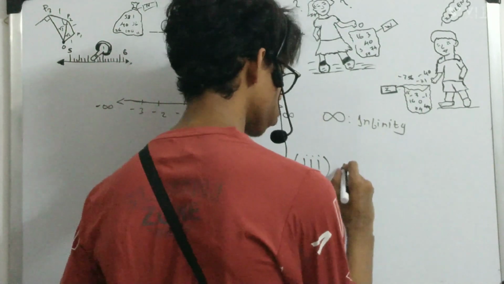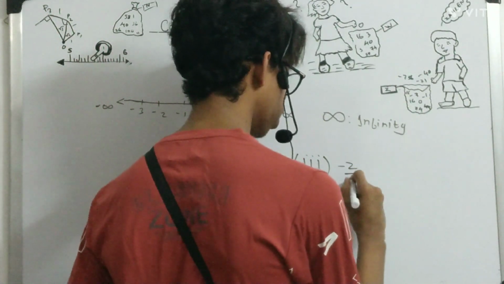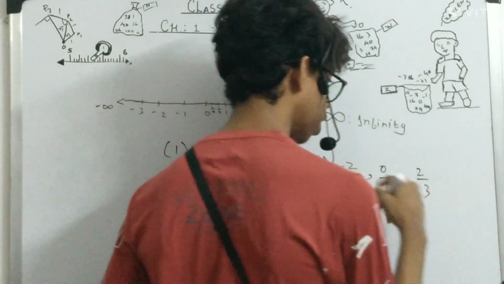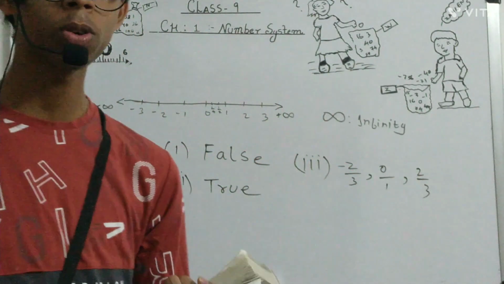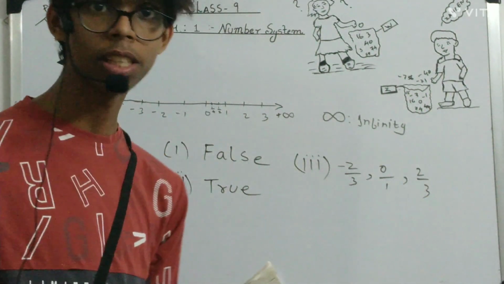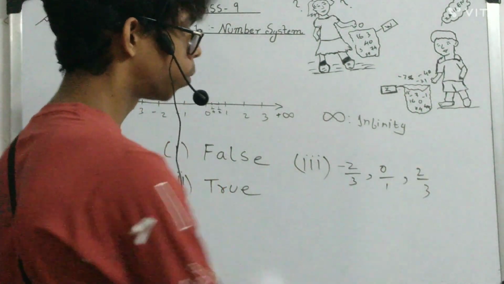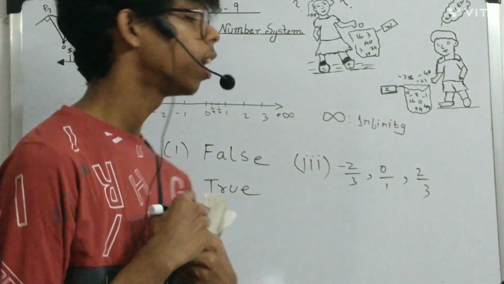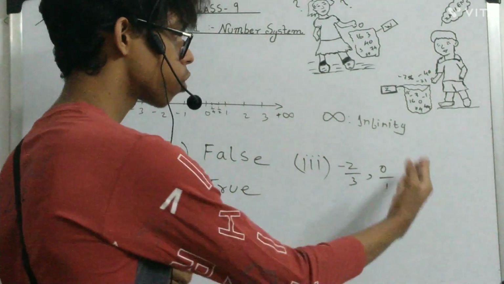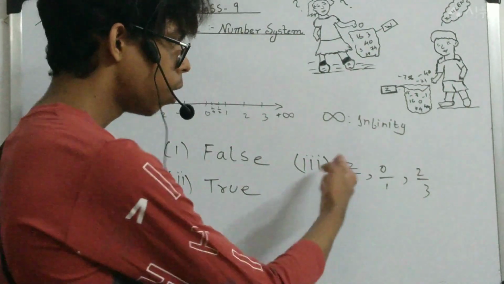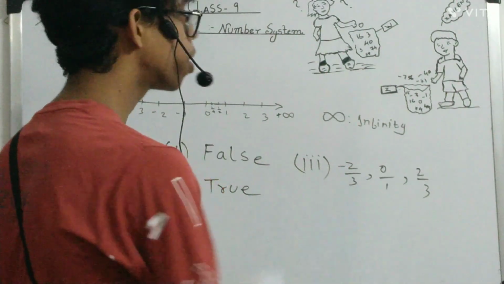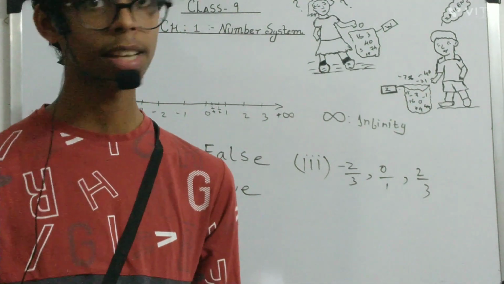For example, just now I have given you the example. If I take minus 2 by 3, 0 by 1, or 2 by 3, we know 0 is a whole number, and even though it is a whole number, we can write it in the form of p by q. 2 is a natural number. Even though it is a natural number, it can be written in the form of p by q. Minus 2 by 3 is an example of an integer. It can also be written in the form of p by q.